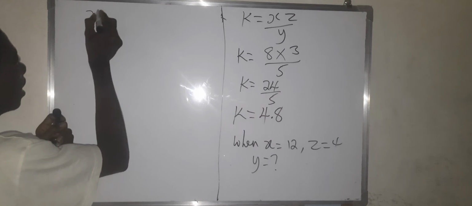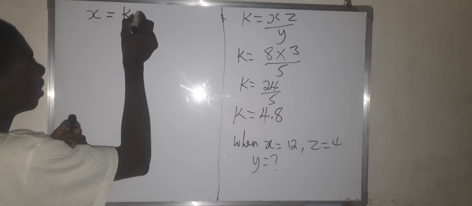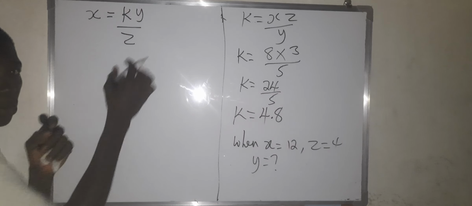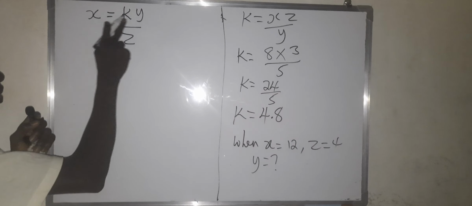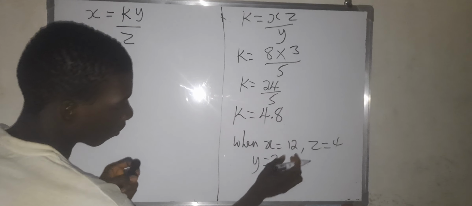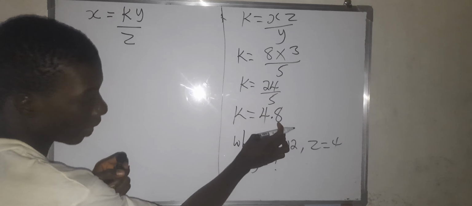Now from the equation, we said x is equal to ky over z. That is the main equation that we connected. Now to find y here, we already know our k. Our k is 4.8.